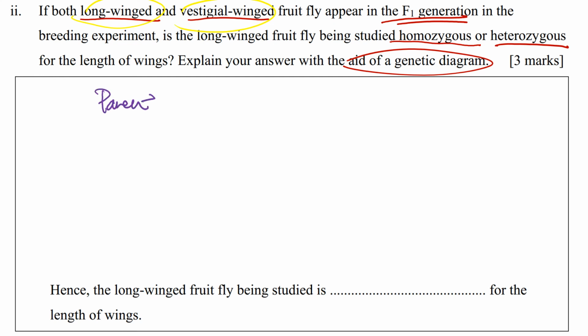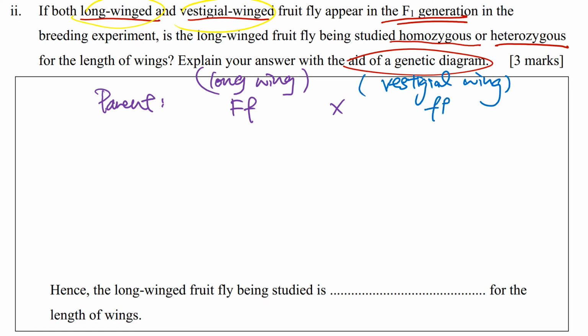So let's start with the parents. The long wing fly should be a heterozygote. And you are now going to do the test cross, so you are going to cross it with, very importantly, a homozygote recessive.